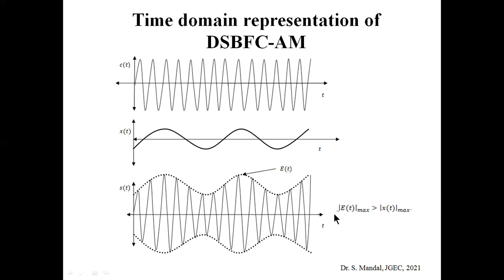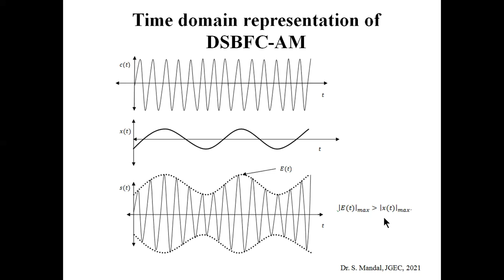That means mod of E_t is greater than or equal to mod of xt max. That means the variation in the envelope should be greater than the variation in the message signal, else the variation cannot be shown in the modulated wave.